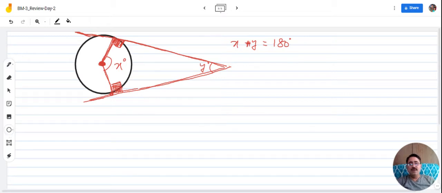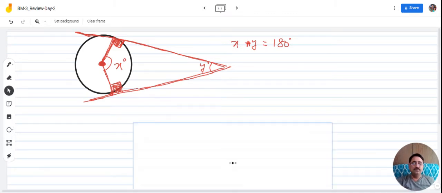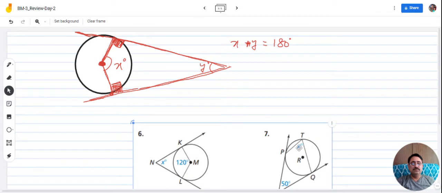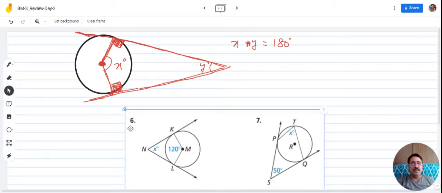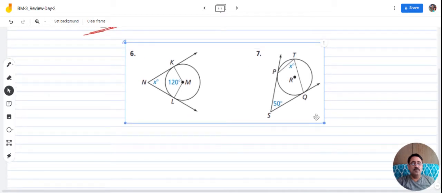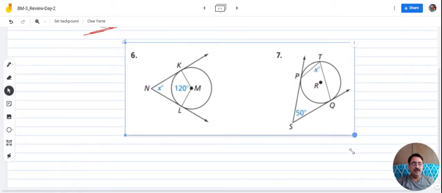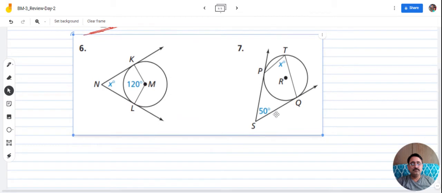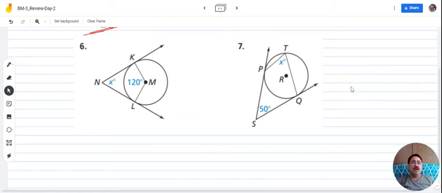So let's see a question. Let me take an example. Not one example, two examples. Let me move the page a little down. The second question especially is a little tricky.